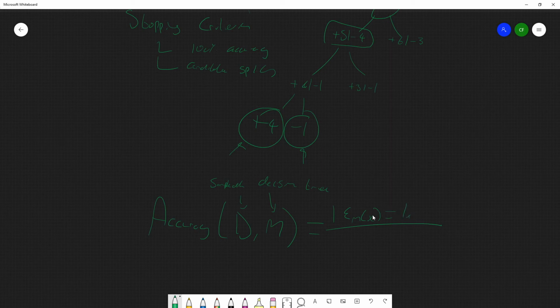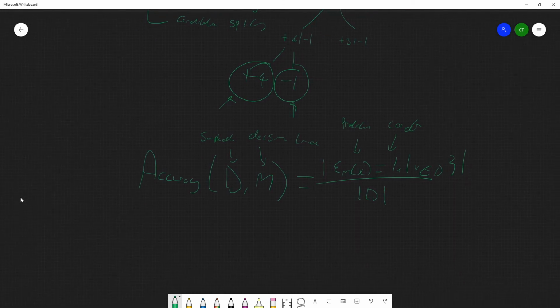In this case, L of X is the true label of what it should be, so we want all of the instances where the predicted label is the true label, where X is an element of D. So we want the set of all things which are accurately predicted, and we want the size of that set, the cardinality of it, and then we divide it by the total size. So it's the number of correctly predicted data points divided by the size of the total data set.